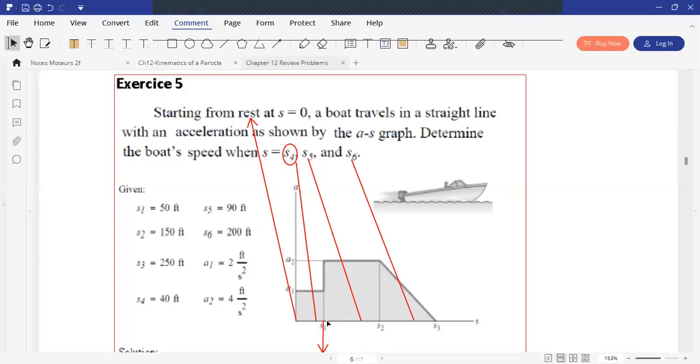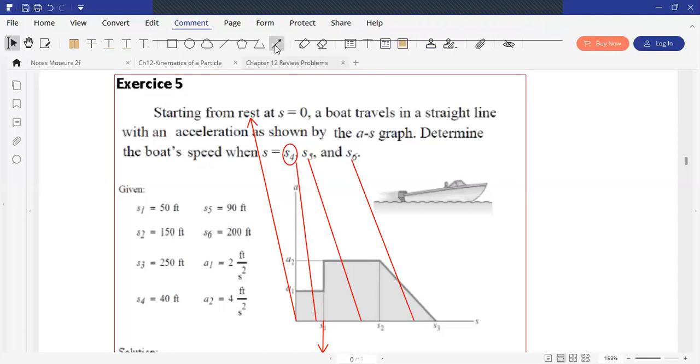So to find conditions at this point, I will use the equation of phase 1. From it, I can find the velocity at point S1. So V1 square minus 0 square is equal to 2 times A1 times S1 minus 0. So I get V at S1. Once I get the velocity at 1, now I can work in the second phase. I am interested in particular in point S5.